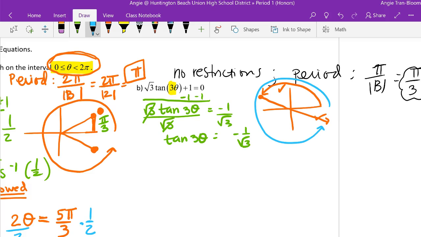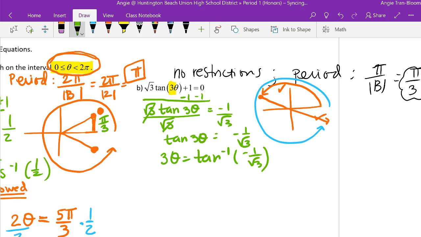Okay, so that's what I'm trying to find. Well, I'm not solving for tangent of 3 theta. I need to keep on going. So I need to compose. 3 theta equals tangent inverse of negative 1 over rad 3. This is where the unit circle is going to come in handy. Something that's 1 over rad 3, and this is negative. A negative really tells me the quadrant, 2 and 4. So negative 1 over rad 3, it has to be multiples of what radians?